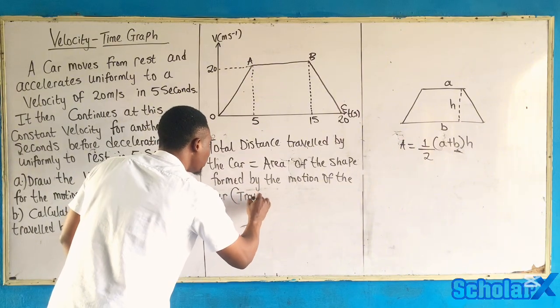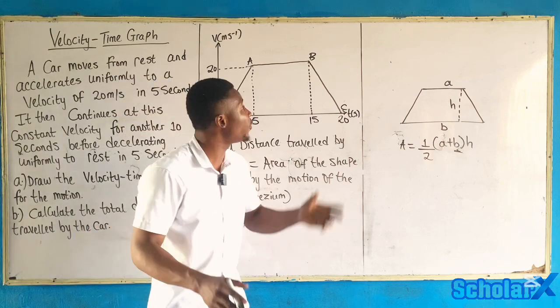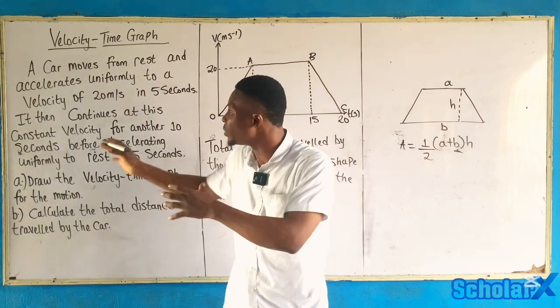A trapezium. So a trapezium is formed here. You can see clearly that a trapezium is formed from the graph of this motion.